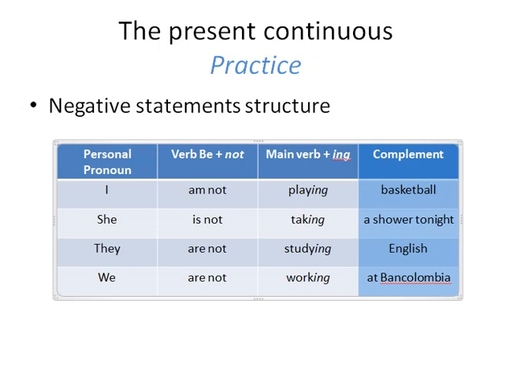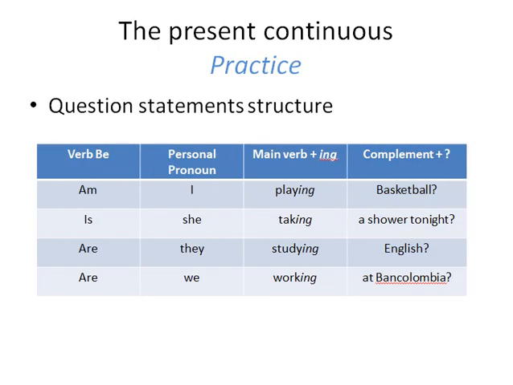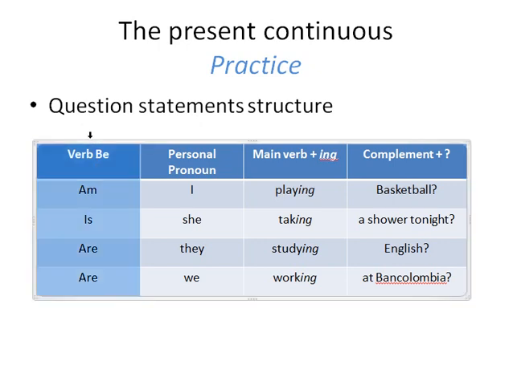Our third card, our third flashcard, is about question statement structure. Now we have here a swap. We swap positions between verb be, which is now first, then we have personal pronoun, next main verb plus ing, and finally the complement plus question mark.